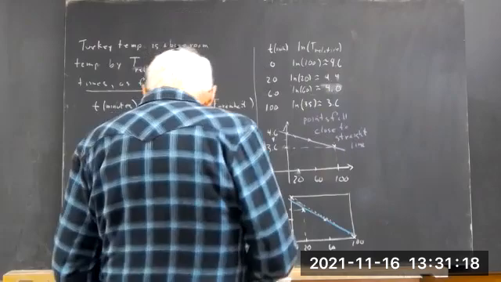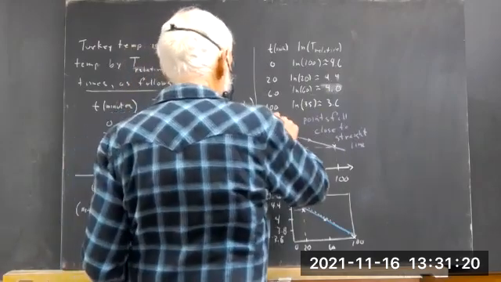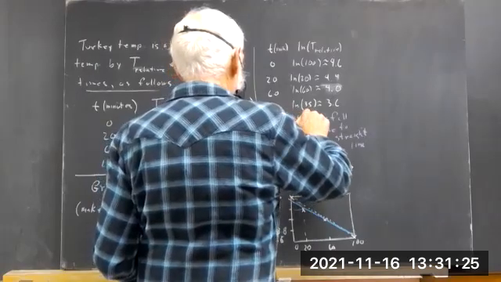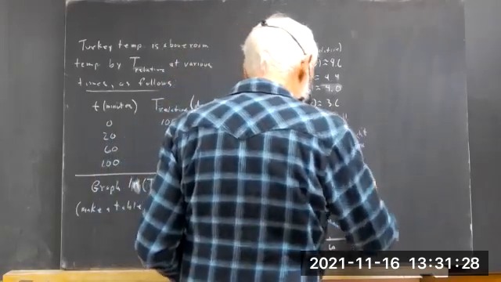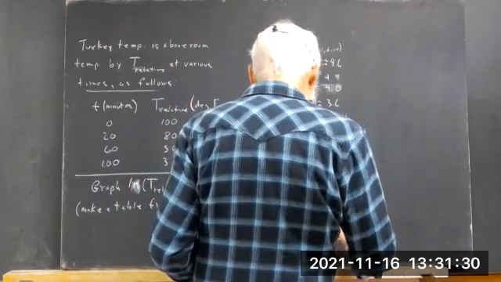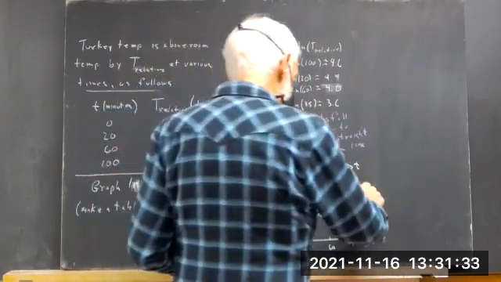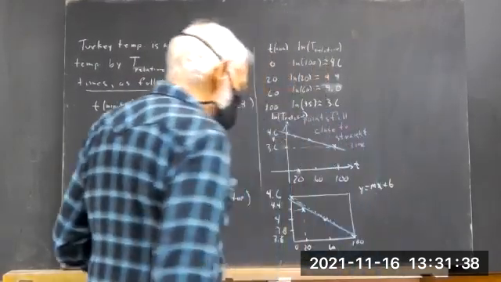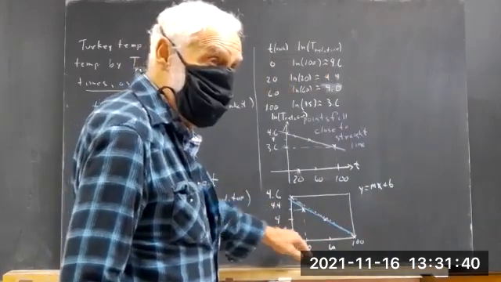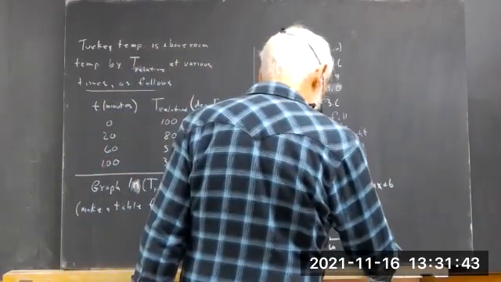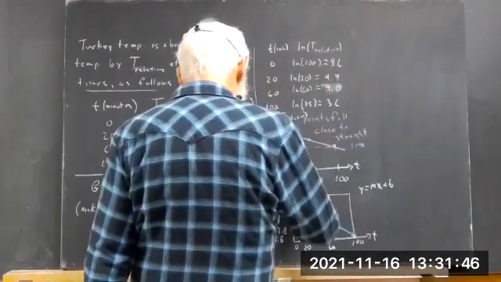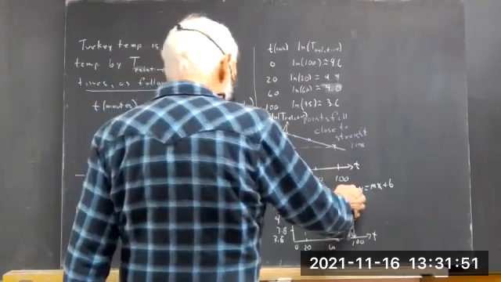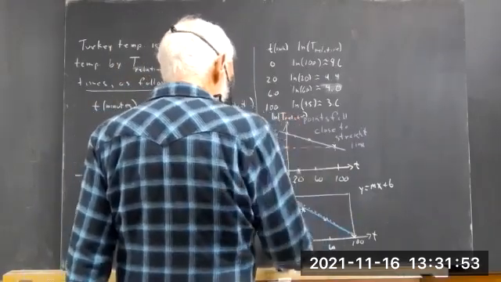Here we're graphing natural log of t relative, and here is t. So it's like we have y equals mx plus b, but instead of x, we've got t, and instead of y, we've got the natural log of t relative.